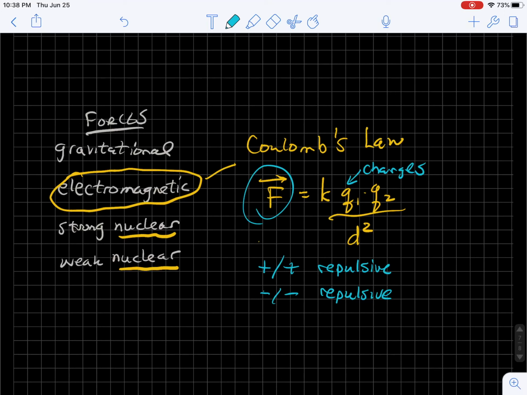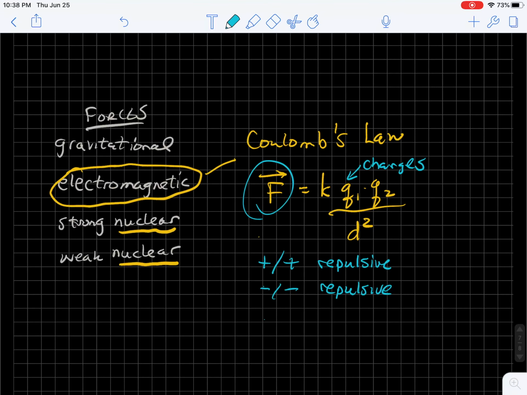And the quantity that we come up with for the force represents that repulsion, the particles pushing apart from each other. However, if one of them is positive and one of them is negative, then we have attractive force. So you already know about Coulomb's law. You know positive and negative attract, and like charges repel. And d squared represents the distance between those charges.